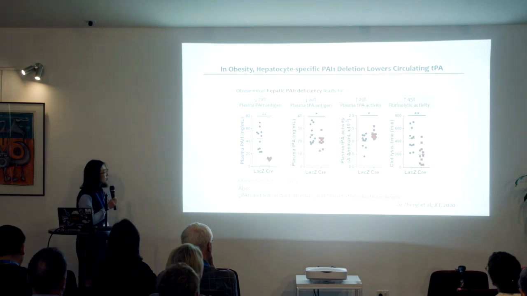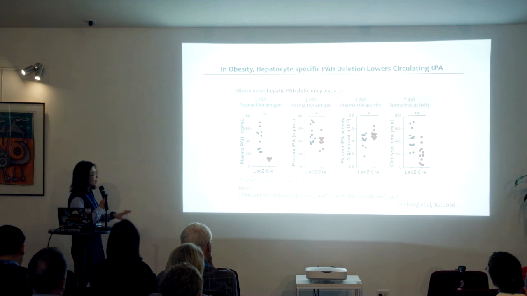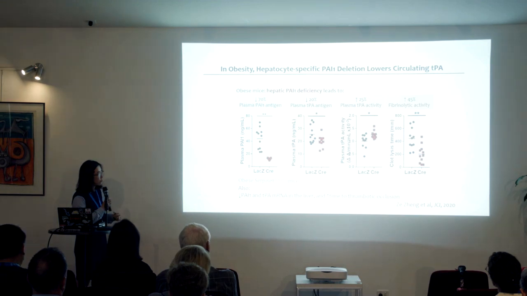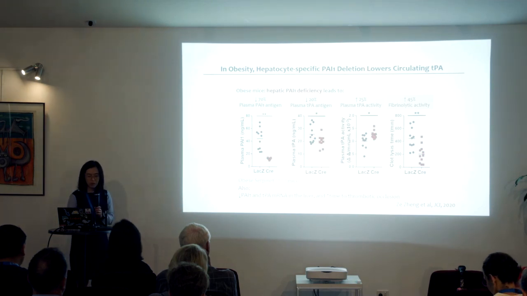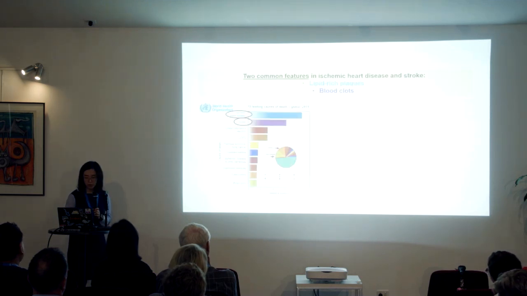We observed that in the PAI-1 hepatocyte knockout mice, the plasma TPA antigen level is reduced while the TPA enzymatic activity is higher. This is really consistent with our hypothesis that PAI-1 can serve as a stimulus for TPA expression.